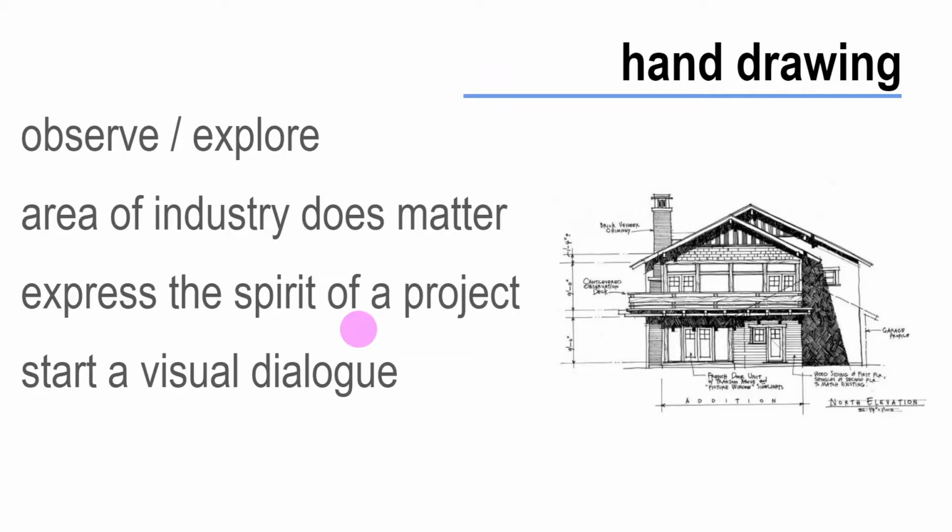As I mentioned, the hand drawing is really there to get a quick idea, start to understand the spirit of a design or project, and then the computer is there to flesh out all of those nitty-gritty details that would go in a set of plans in that legal construction document that's being put together.